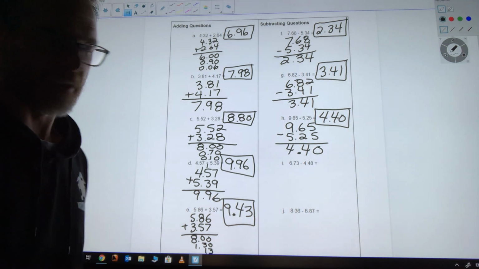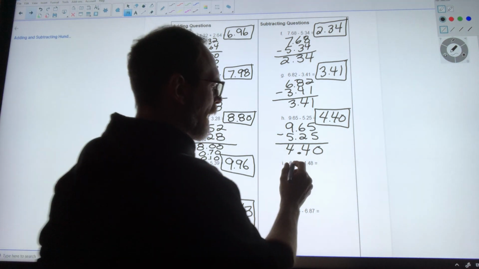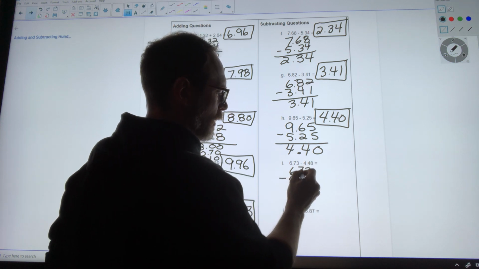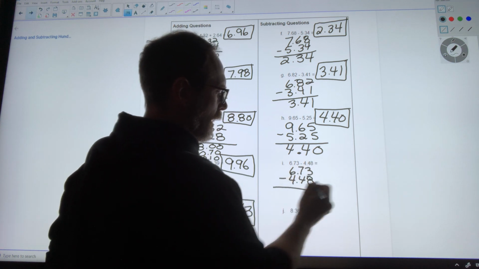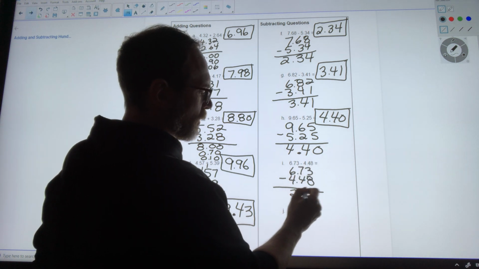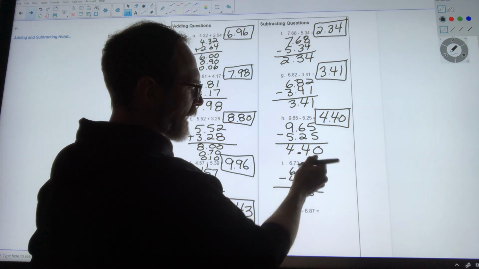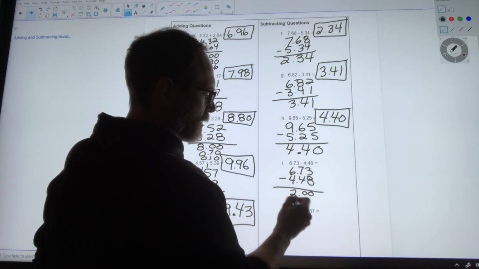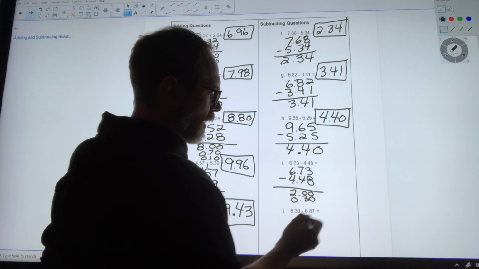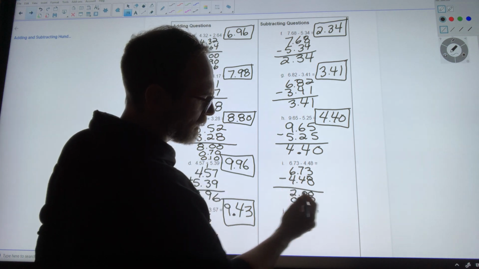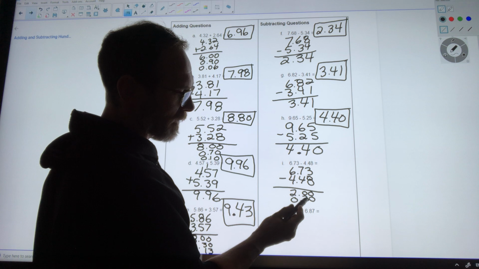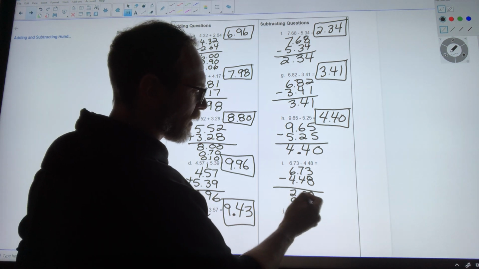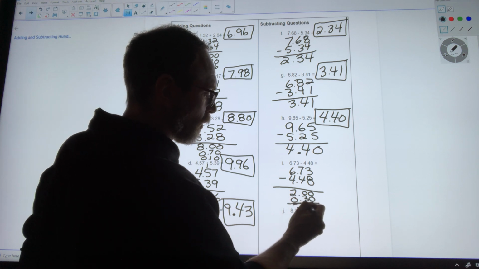And I can put 4.40, or I could drop that 0. That one isn't necessary. I'm going to do count back on this one here, and it's a bit complicated. So I'll show you kind of how it works. So I know 6 minus 4 is 2, so I'm going to put my 2 there. I know 7 minus 4 in the tenths place is 0.30. Now what this does is it counts back to 1.7. Or sorry, no, that's not right. Since these are together, I'm going to have 2.3 left over. Sorry, guys.